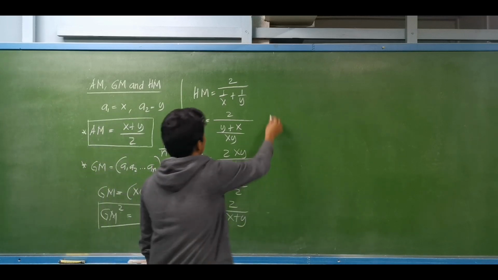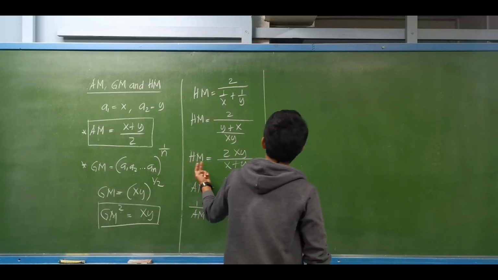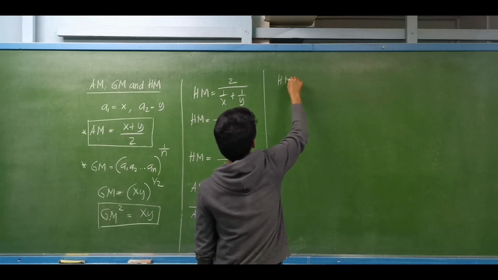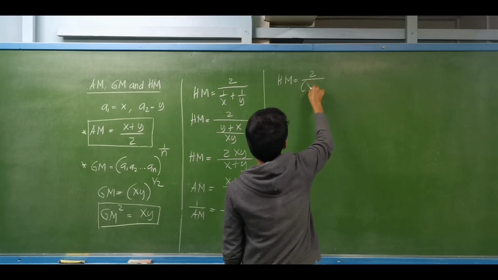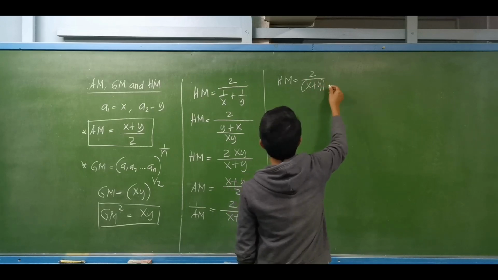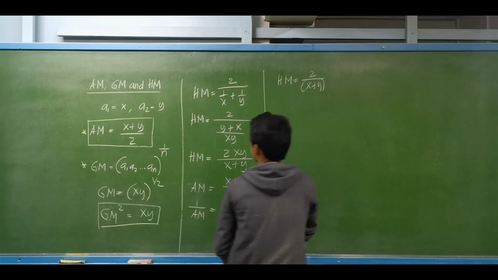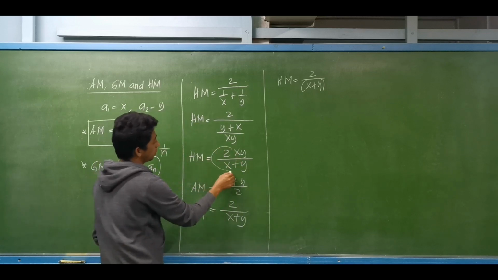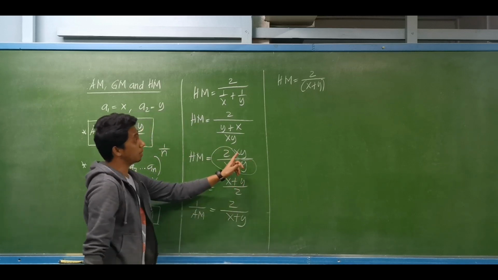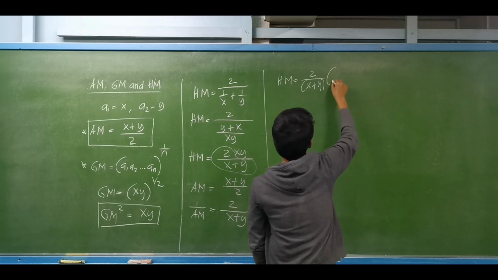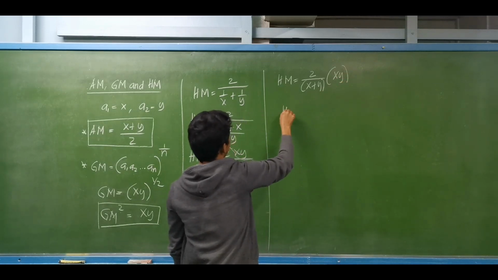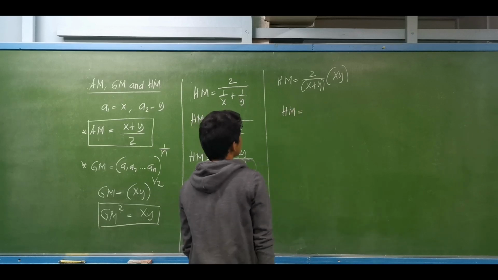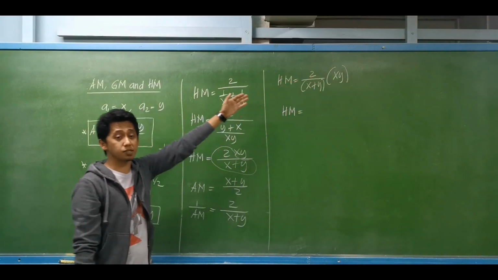So if we expand the harmonic mean and separate this term, that is the same as 2 divided by x plus y, multiplied by x times y. What is 2 over x plus y?